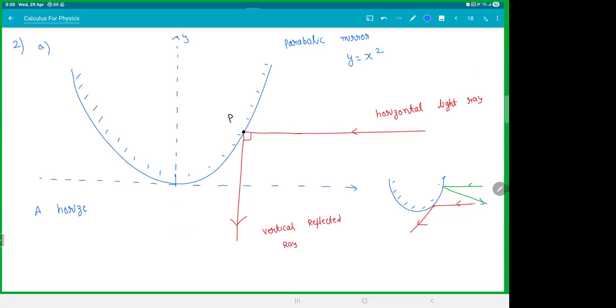Find the coordinates of point P. This bottommost point is origin. The horizontal ray hits the mirror and becomes vertical. So at which point should you hit on the mirror so that this becomes vertical?